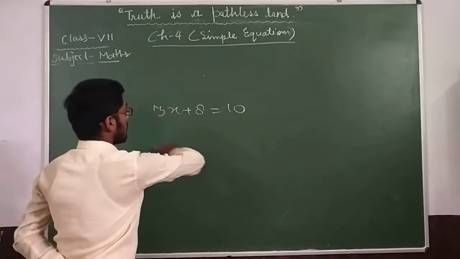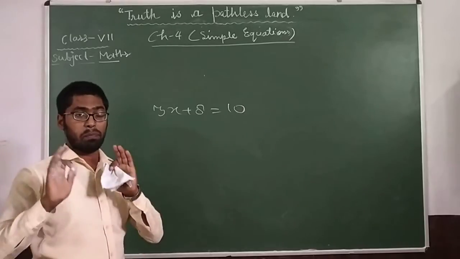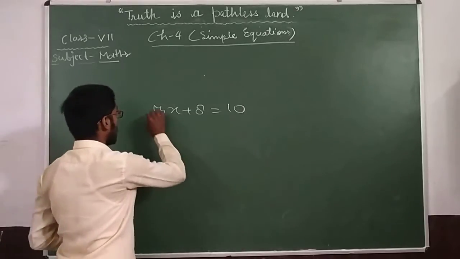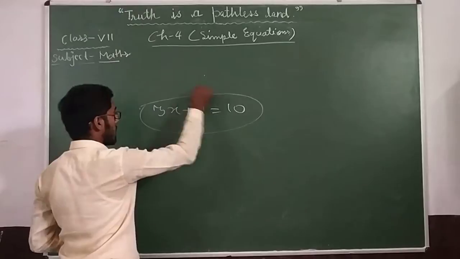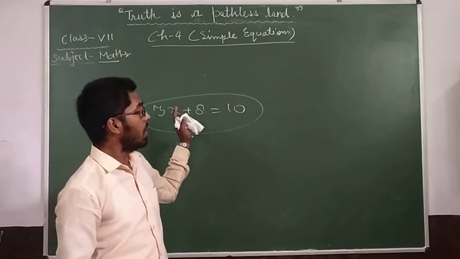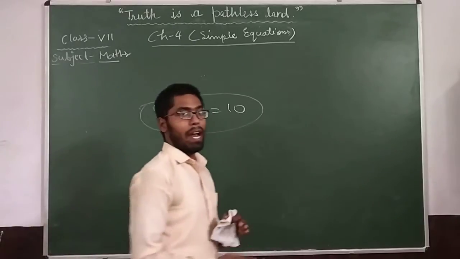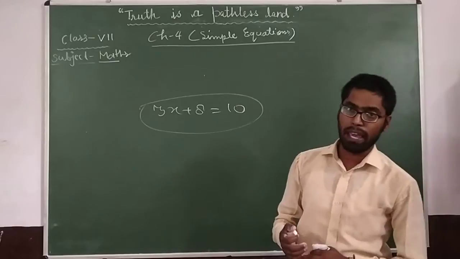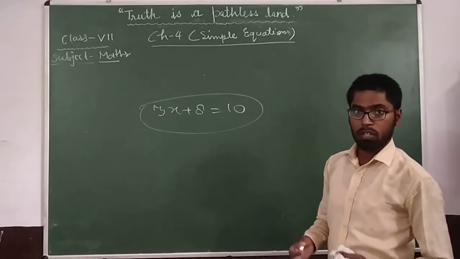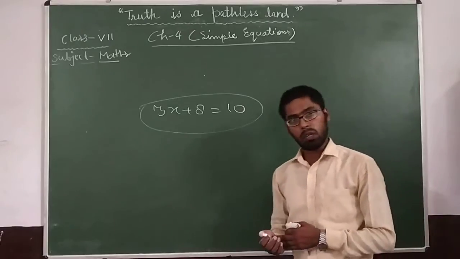These are variables with their coefficients. Here we are adding and subtracting. When you add and subtract variables with their coefficients, you make an equation.